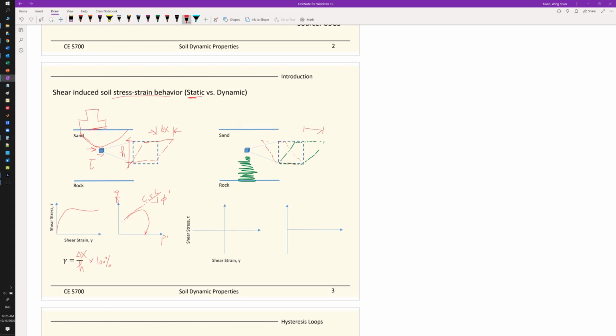So this is still the deformations, but you will have them in two different directions. And we still have the same soil specimen height. And this is again the upward propagating shear wave.